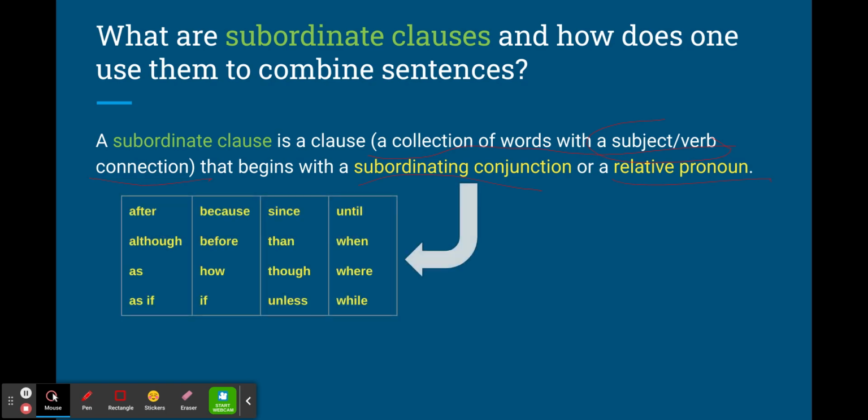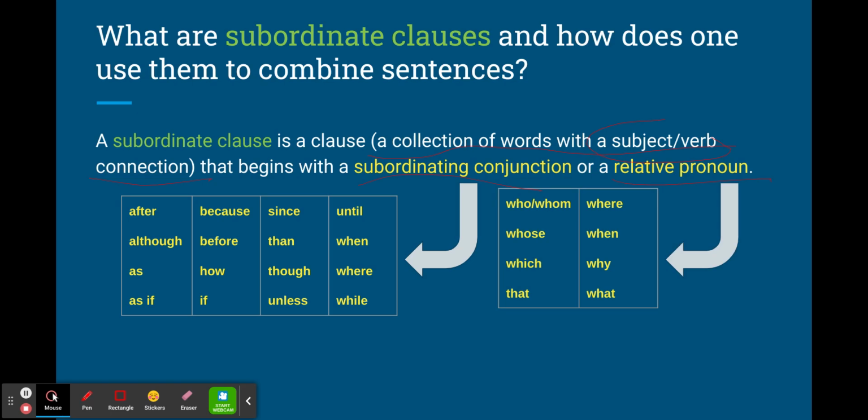So subordinating conjunctions, remember conjunctions combine things. And so those subordinating conjunctions are words like after, although, because, unless, until. And our relative pronouns are words like who and whom, whose, which, that, where, when, why, and what. So our subordinate clause has to start with a word from either of those two groups.